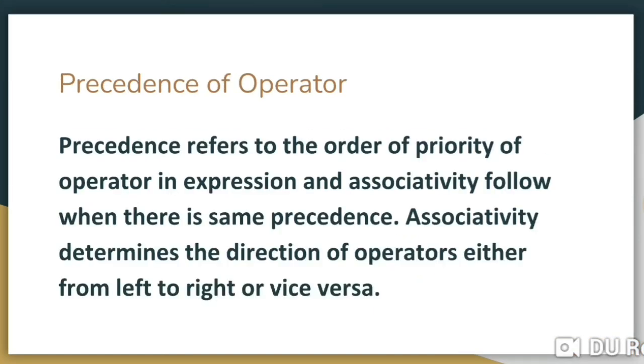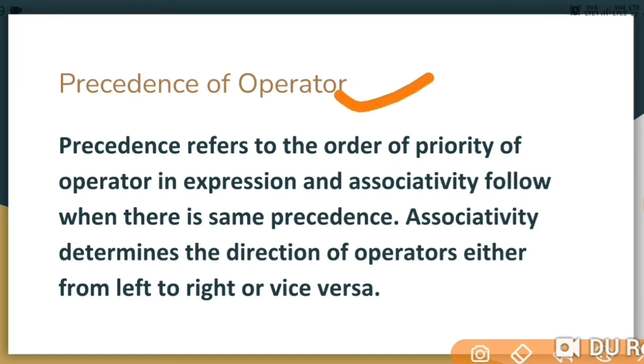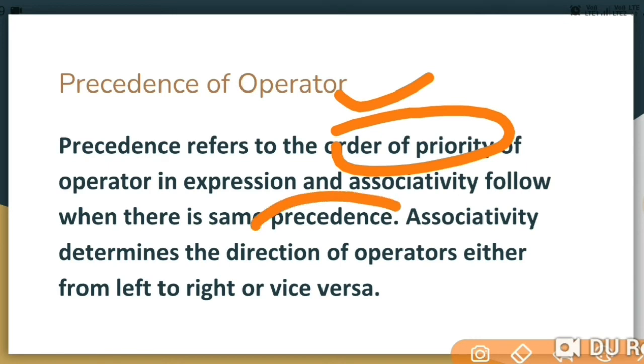Now, precedence of operators. Precedence means the order of priority of operators in an expression, and associativity is followed when there is the same precedence. Associativity determines the direction of evaluation, either from left to right or right to left.